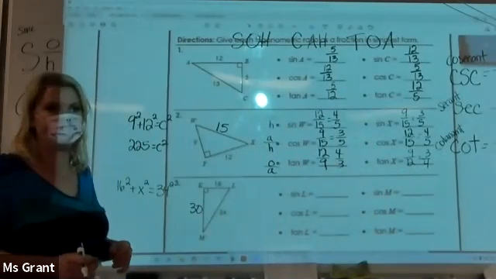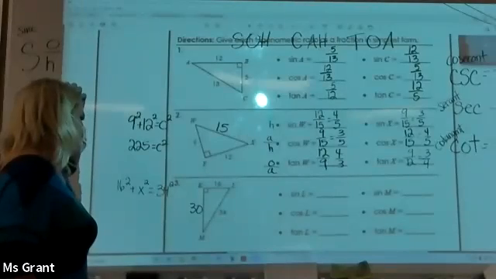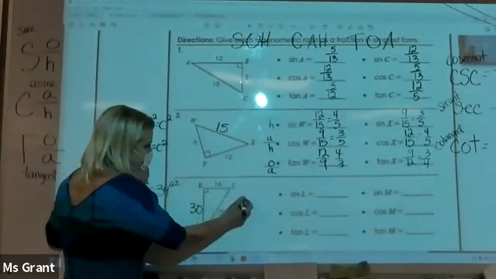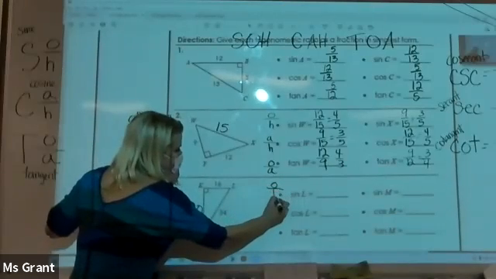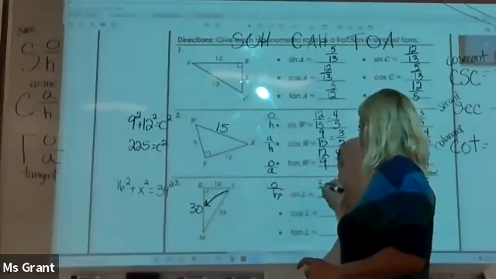Sine of angle L. 16 over 34. So sine means opposite over hypotenuse. Angle L. Opposite of angle L is 30. Oh, 30 over 34. Yeah.